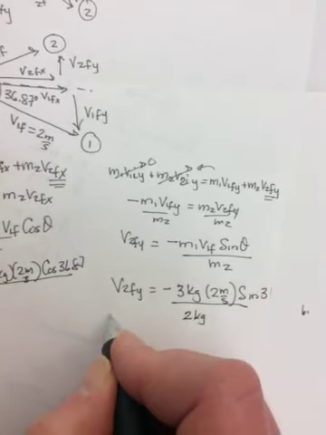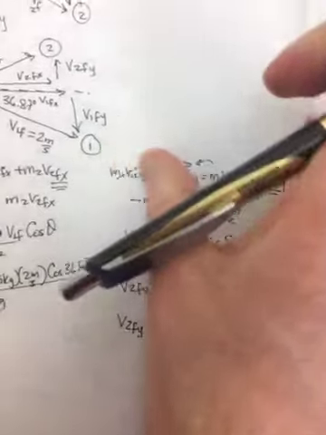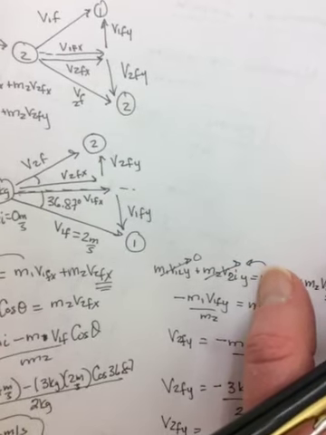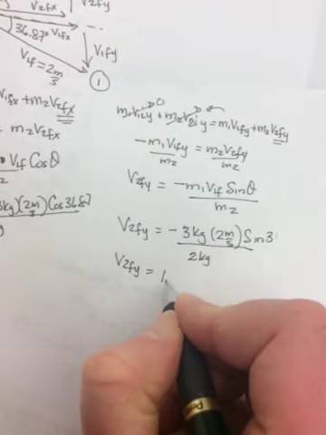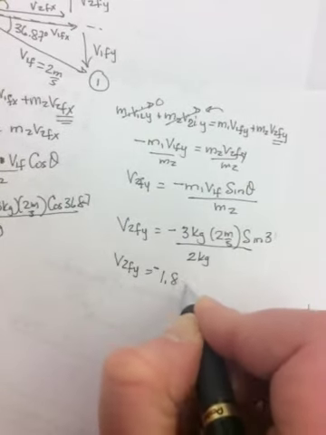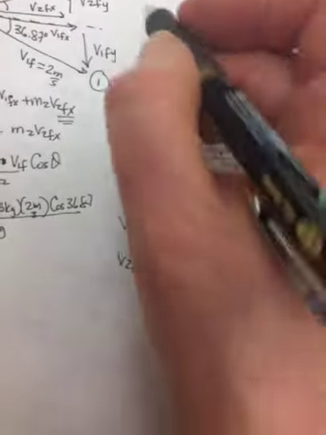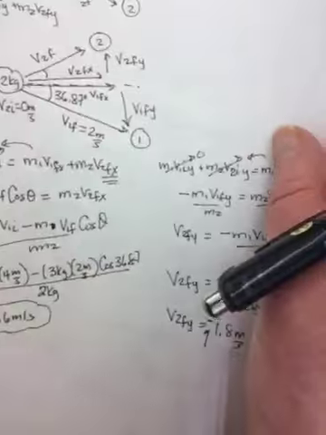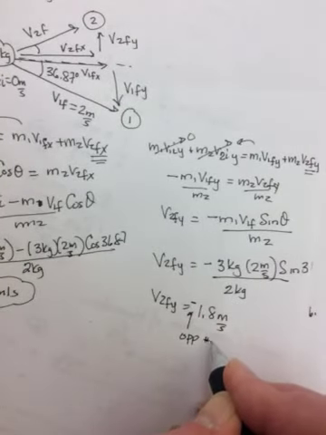And you get a v2 fy of 1.8 meters per second, negative. What does the negative mean? It means in the opposite direction to number 1. So opposite ball 1, which in this case actually means up because 1 was going down.